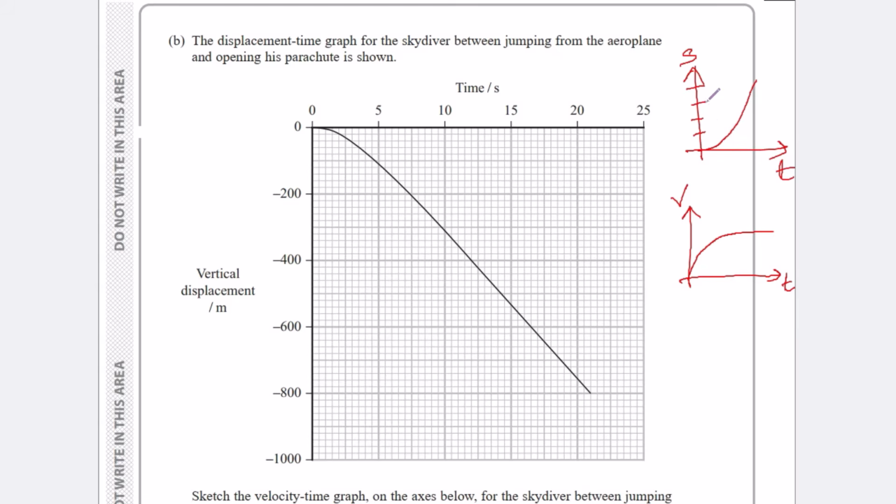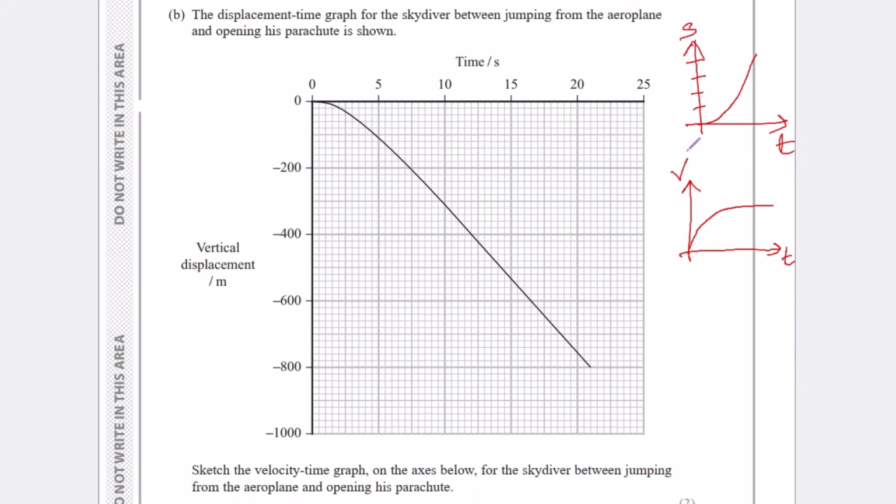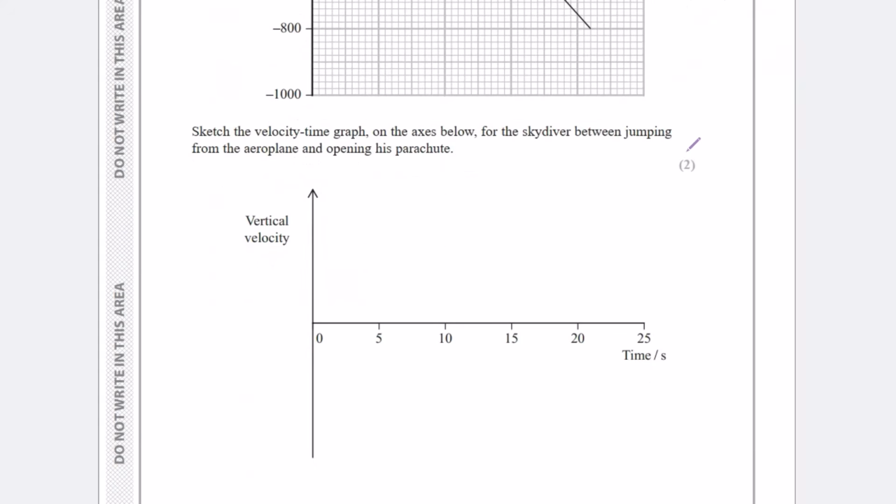But since the displacements are negative, and the gradient of the displacement time graph gives you the velocity, this will give you a negative value of velocity, right? So it's the exact same shape, but instead of drawing this in the positive axis, you draw the same thing in the negative axis, like this.